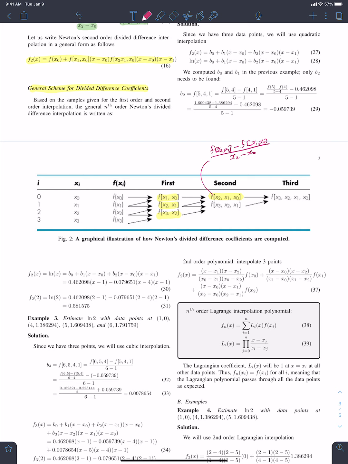We see the pattern there. And this one, f[x3, x2] minus f[x2, x1] divided by x3 minus x1. Now this one, f[x3, x2, x1] minus f[x2, x1, x0] divided by x3 minus x0. Now that's a pattern. It tells us how to compute those.